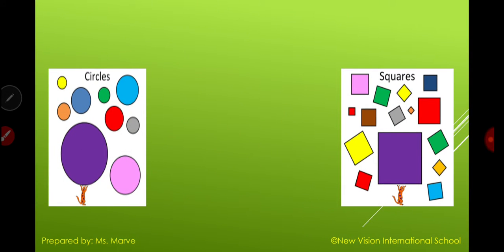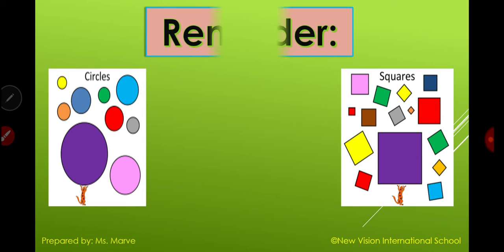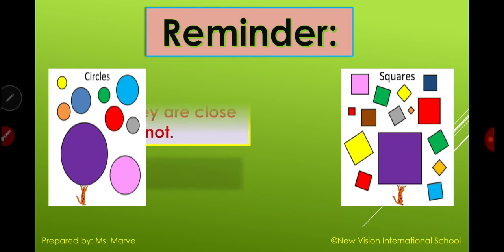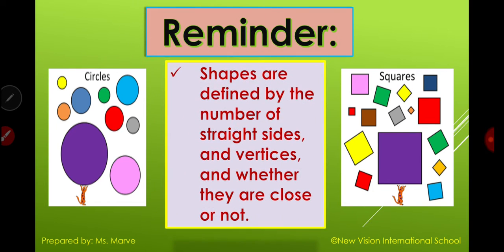Okay, let's check. What are the things that we need to remember? First, we have to remember that shapes are defined by the number of straight sides and vertices and whether they are closed or not. For example, you have circles here.